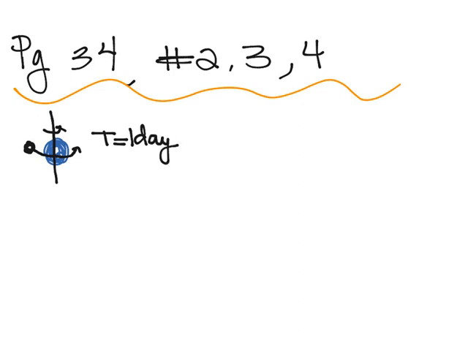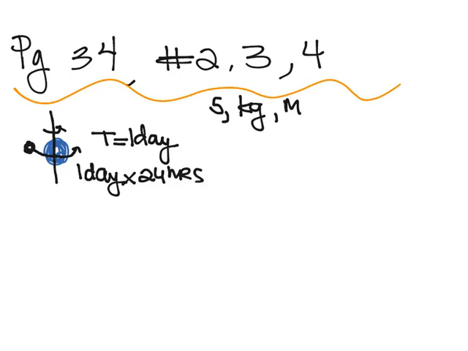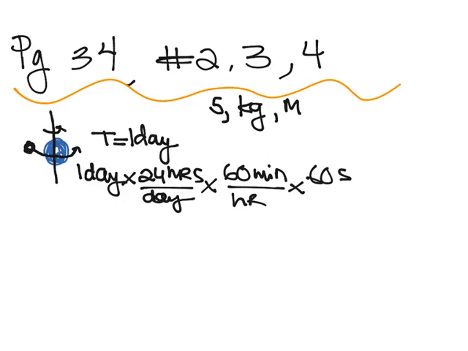Okay, and if we wanted 1 day in seconds, because remember we want all of our units to be in seconds, kilograms, and meters, we take 1 day times 24 hours per day times 60 minutes per hour times 60 seconds per minute.